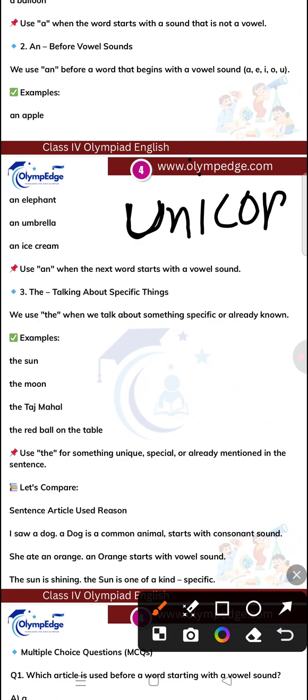Unicorn is starting with the letter U, but the pronunciation is also starting with U. So when a word starts with the letter U and it also starts with the pronunciation U, we do not write an, we write A. So here it will be a unicorn.